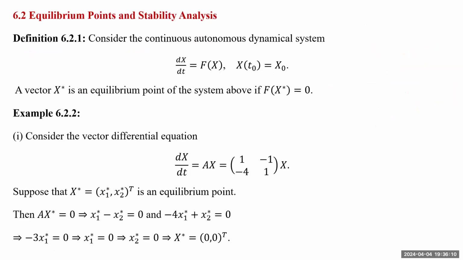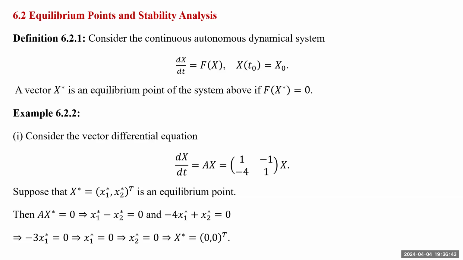As usual, what we discussed for the equilibrium point in the discrete system, here also the same scenario. After that, we will get to the Jacobian matrix also. First, we will see how we get the equilibrium points and what is the link with the stability analysis of our dynamical system.